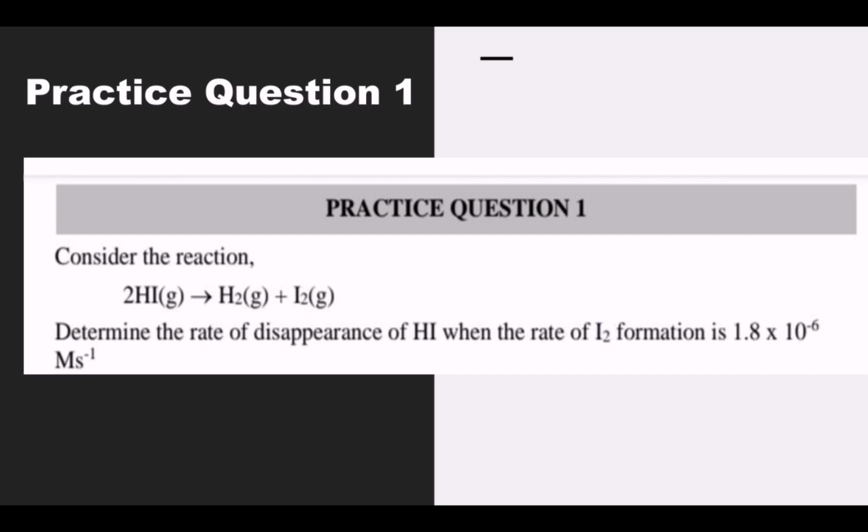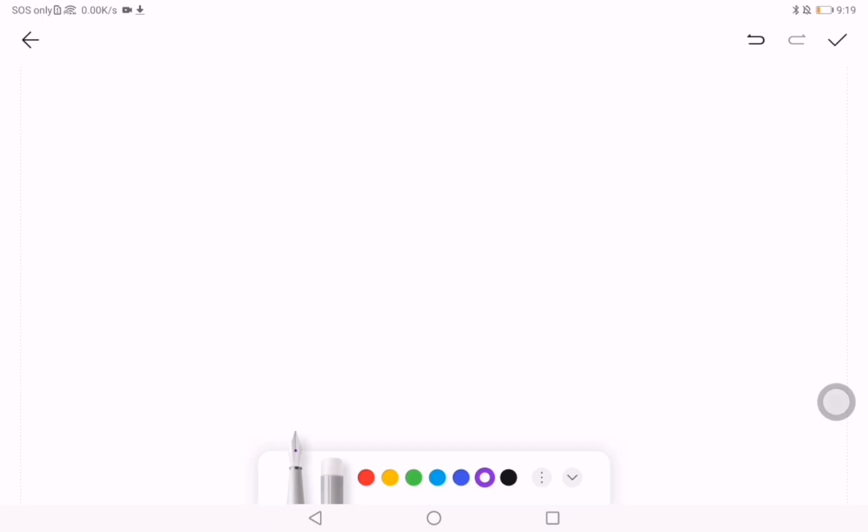So the information given here is d[I2] over dt, and the value here is equal to 1.8 times 10 to the power negative 6. I will show you how to solve this question. First, you have to write the differential rate equation.